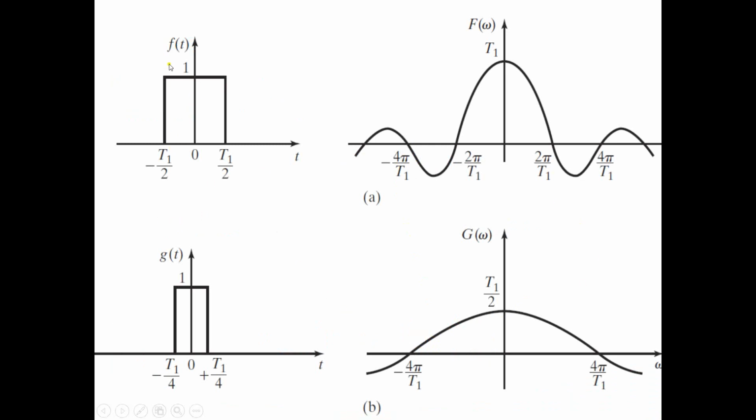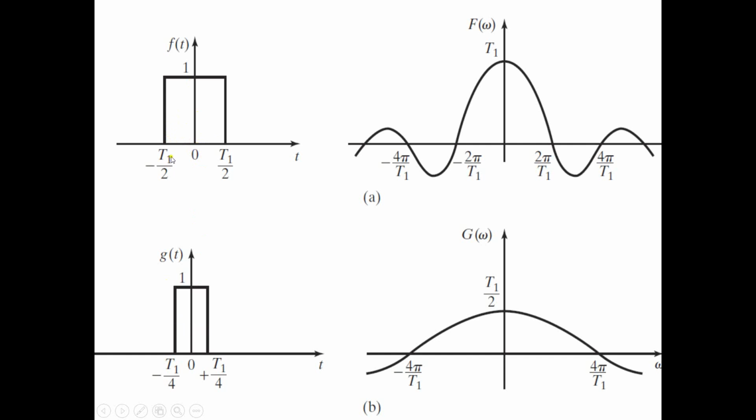So this is our original function f(t), which is a gate function existing from minus T1 over 2 to T1 over 2. And this is its Fourier transform, which is a function of the form sine x over x. Now f(2t): we are compressing f(t) by a factor of 2, and we see that this duration has been reduced to half.